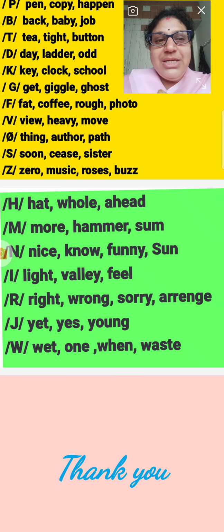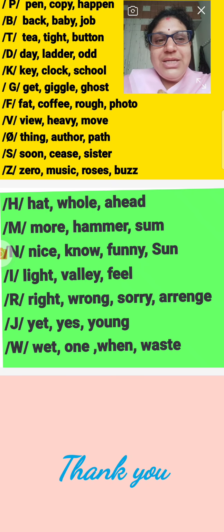Next come to the R. Right, wrong, ra. You have to see the ra, ri, ru. Right, wrong, sorry, arrange, run, room: a lot of words you will get, right?